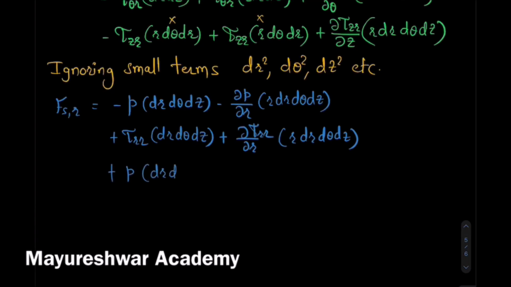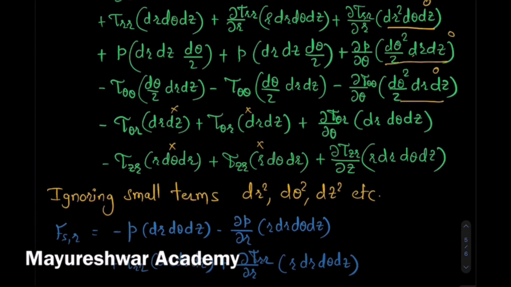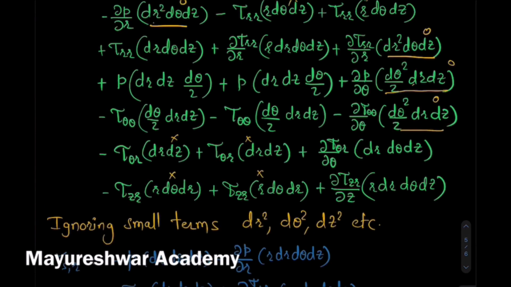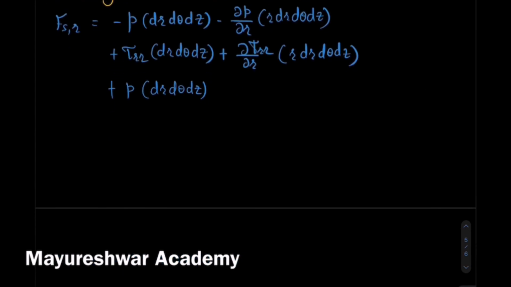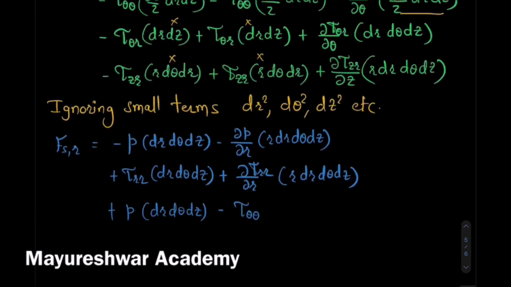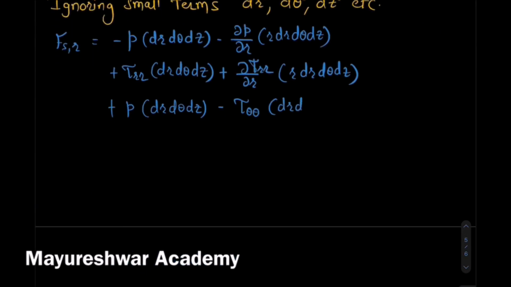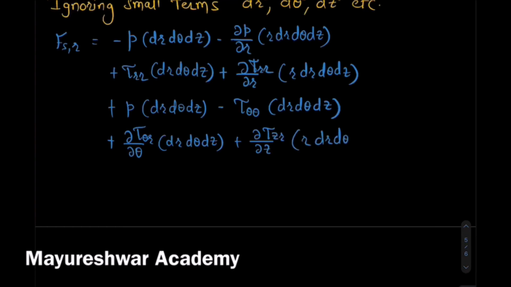Okay, similarly now pressure component along theta direction, which is P into dr d theta dz. So actually we have added these two components, d theta by 2 and d theta by 2, so that's why we get d theta, minus normal stress component along theta which is dr d theta dz, and the shear stress component on theta plane along r direction, plus shear stress component on z plane along r direction.